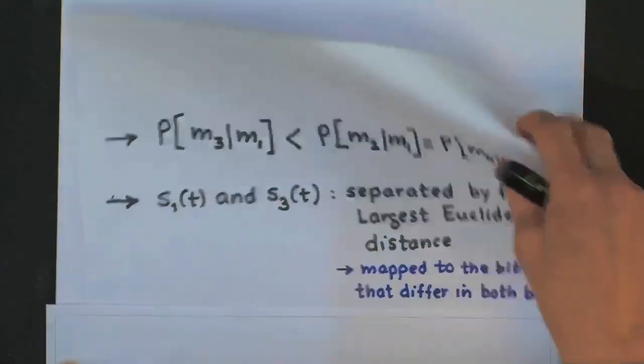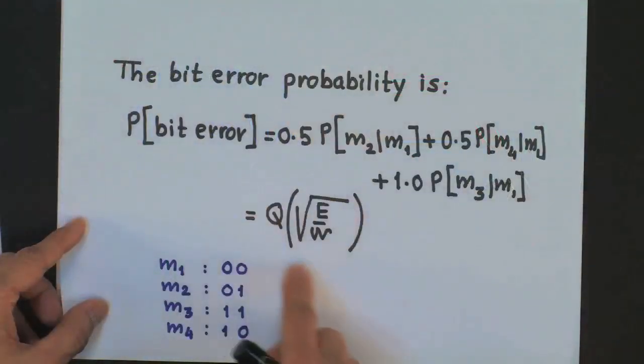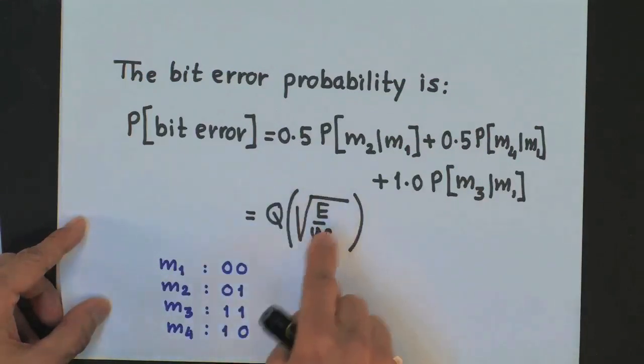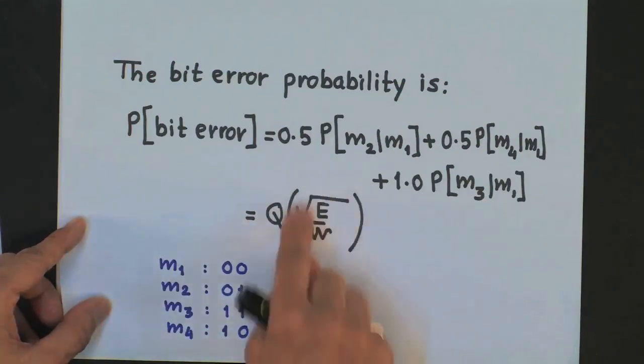Now, for a fair comparison with the error performance of the binary modulation schemes which we have studied earlier, it is necessary that we express the probability of bit error in terms of the average energy per bit, and this can be easily calculated as follows.